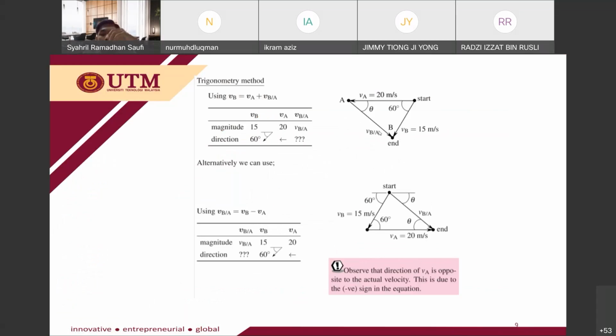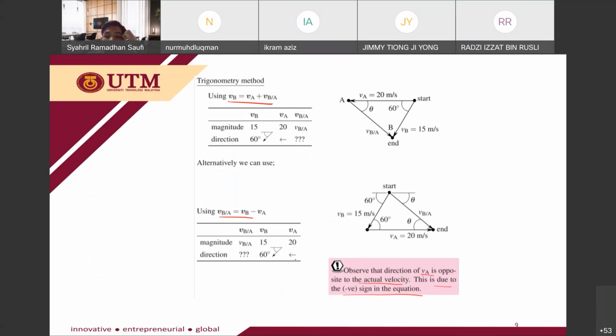Okay, so you may notice that this is the difference if you use the positive form equation and this equation. The direction of VA is opposite to the actual velocity. This is due to the negative sign in the equation.